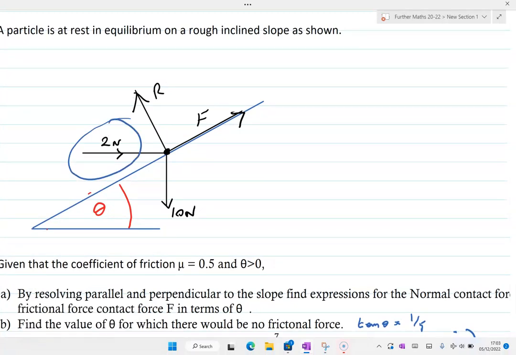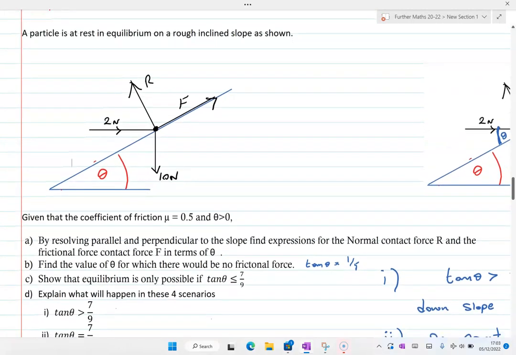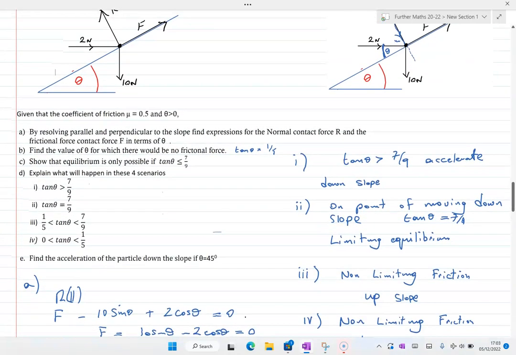Then we would reach a point where even on a rough surface of 0.5, there would be values of that force which would make it tend to move up the slope, and there would be a limiting situation where it's on the point of moving up, but not with the numbers we've got here.